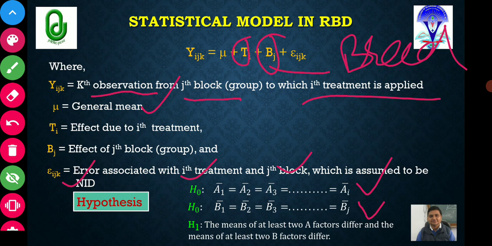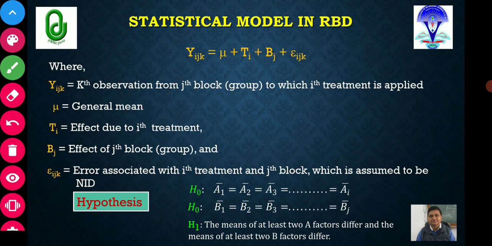The alternate hypothesis is that the mean of at least 2 factors differ, and the mean of at least 2 B factors differ. If H0 is wrong, you have to accept H1, the alternate hypothesis. The alternate hypothesis simply says that breeds are not equal and feeds are not equal. So if you reject the null hypothesis, you have to accept the alternate hypothesis.